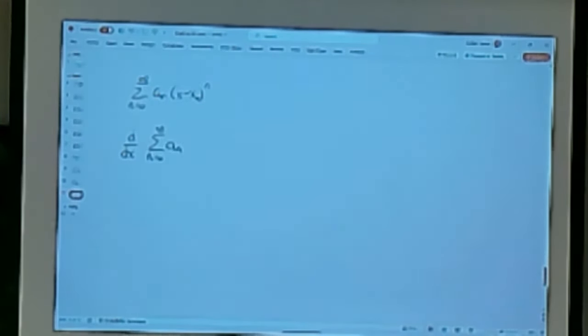You can take the derivative of a power series, which is important because you'll be seeing this again in differential equations if you have to take it. But the derivative, it's linear, right? Derivative of a sum is the sum of the derivatives. Derivative of a scalar times a function is the scalar times the derivative of the function. Well, this is just the sum of a bunch of terms.